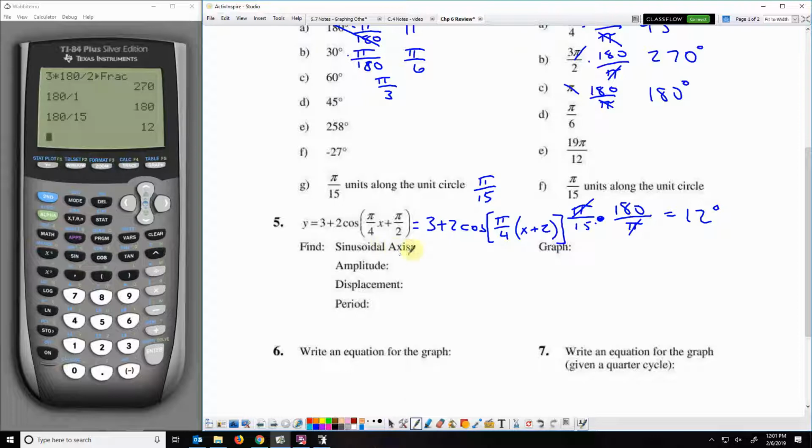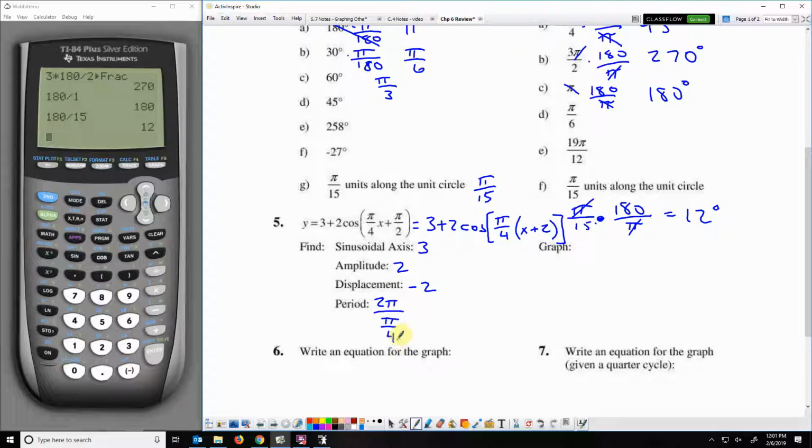Okay, so the sinusoidal axis, the vertical shift is 3. The amplitude, the vertical dilation, is 2. The displacement, the horizontal shift, is -2. And the period is 2 pi over b, so that's 2 pi over 4.